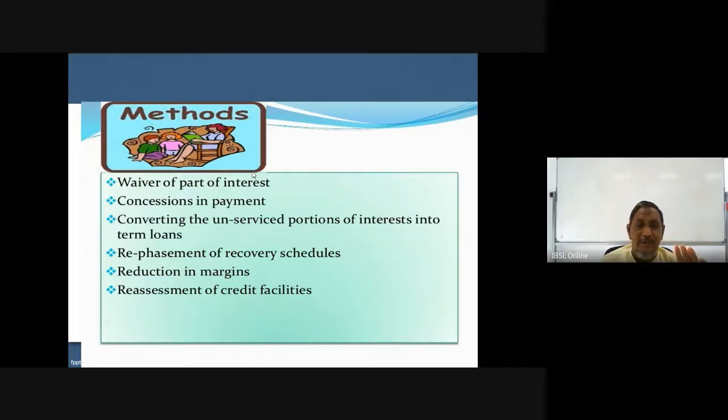The second issue in offering a part interest waiver is that our future income is deteriorated. When we recover the interest, we invest it back and earn something. That is our opportunity cost.